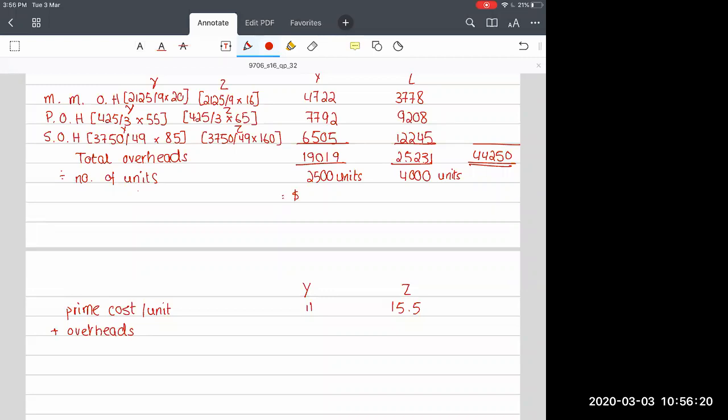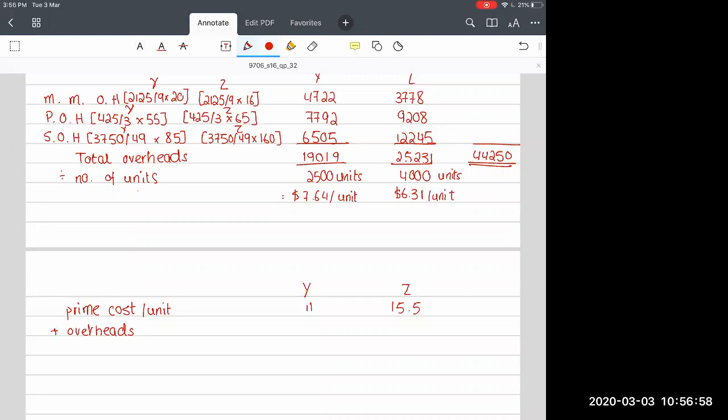That makes 7.64. And for product Z, it's 25231 divided by number of units, which is 4,000. That comes to 6.31, right?